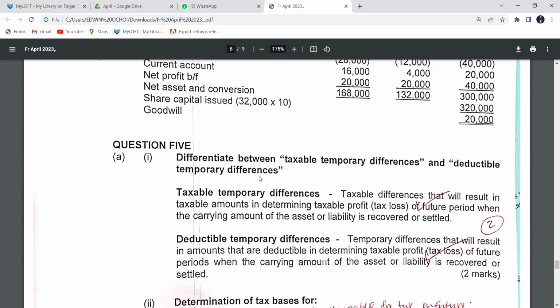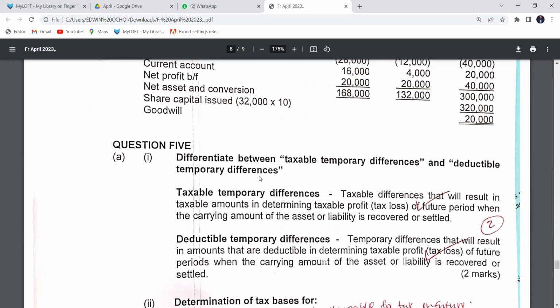The same way you can give also this explanation they have given here, that the taxable differences will result in a taxable amount in determining taxable profits or tax loss of future periods when the carrying amount of the asset or liabilities is recovered or settled. But also the explanation I gave is equally okay.